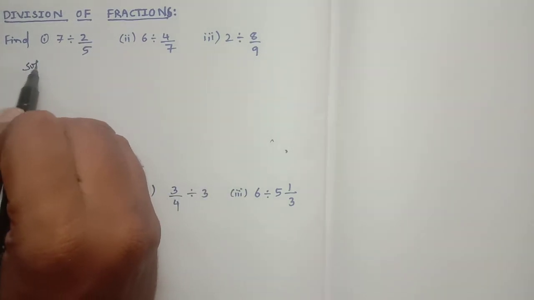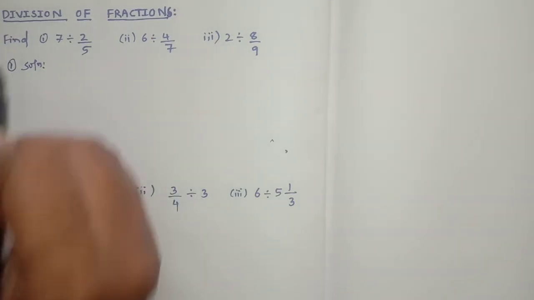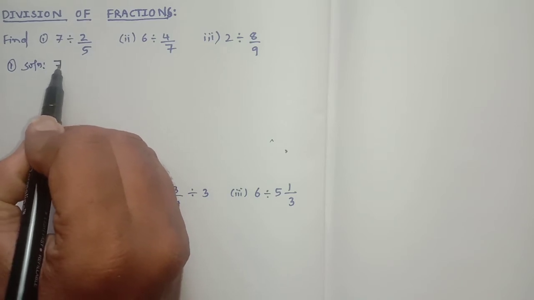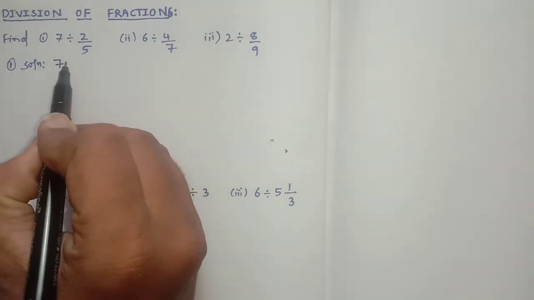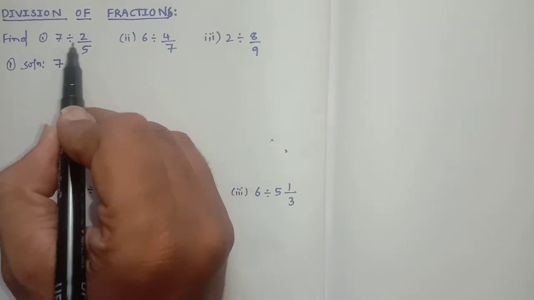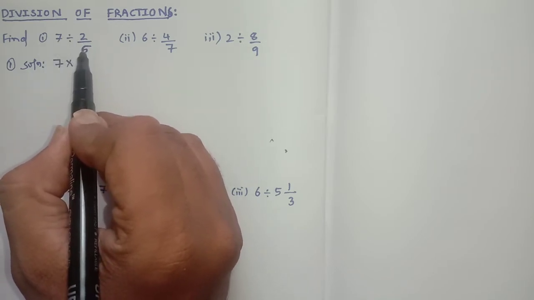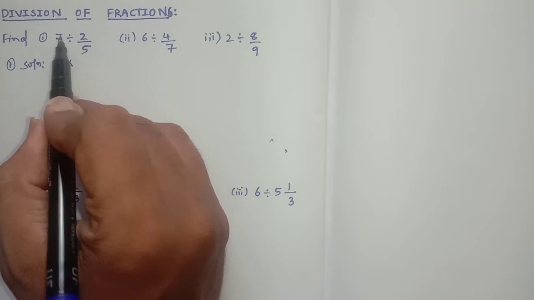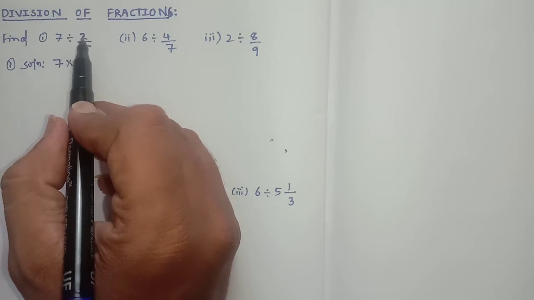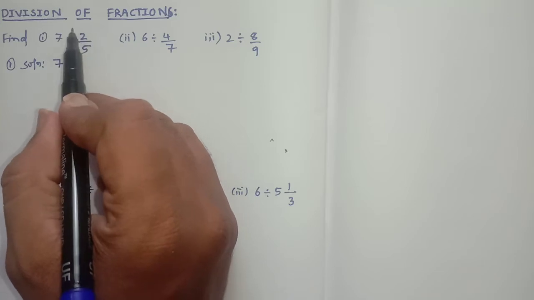Solution. I am writing for the first one. Student, this 7 will be as it is, into, for this 2 by 5, when you divide with 7, it will multiply 7 with the reciprocal of this number.